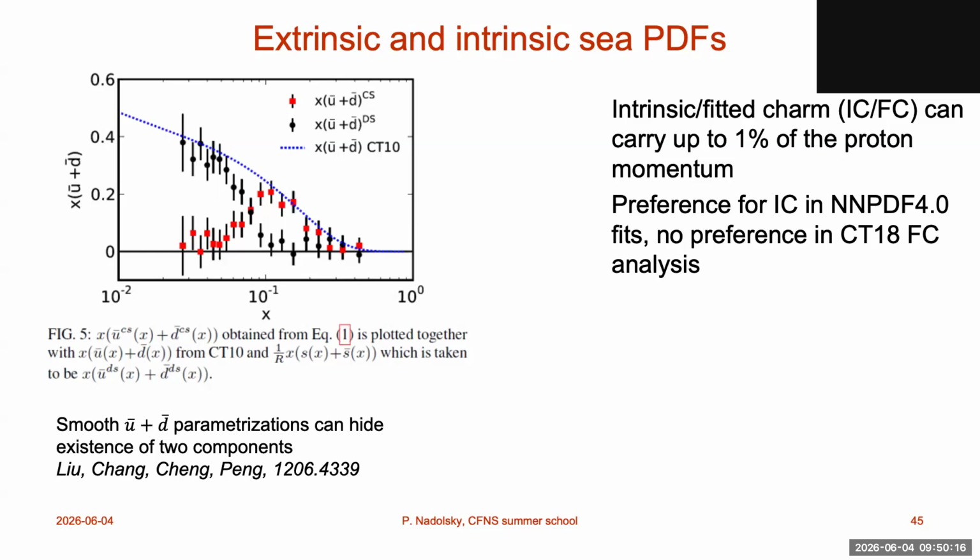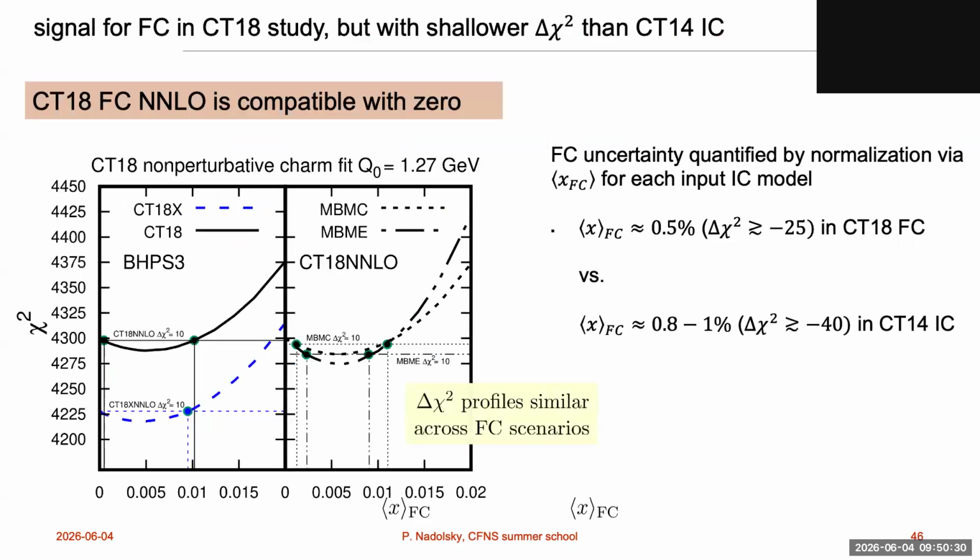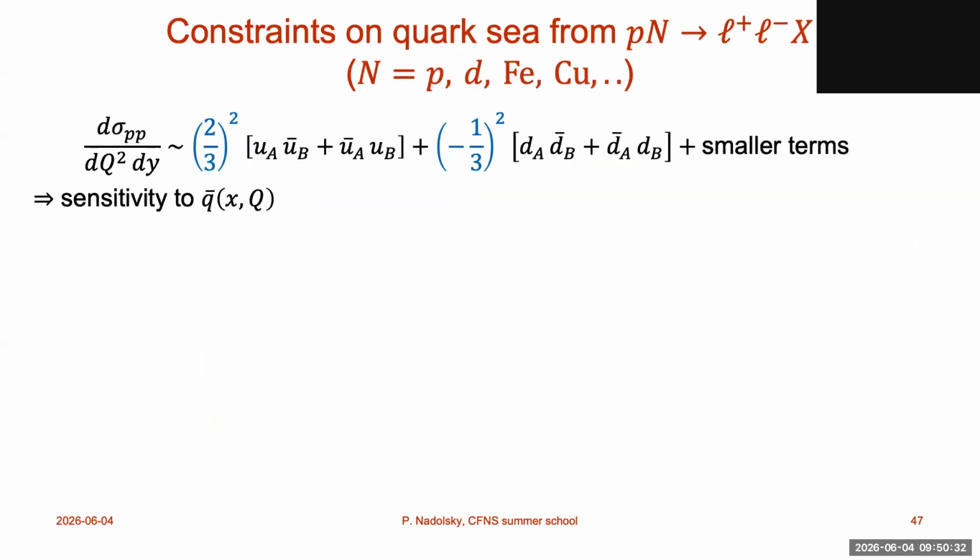Again, this is something we can discuss during the recitation, but basically our group comes to different conclusions compared to the NNPDF group about the possible existence of intrinsic charm that can already be seen in the current data. Okay, now, of course, you can also constrain the C quarks and anti-quarks from Drell-Yan pair production.